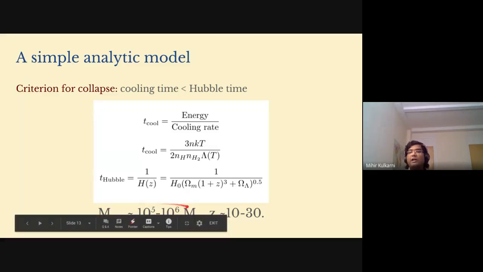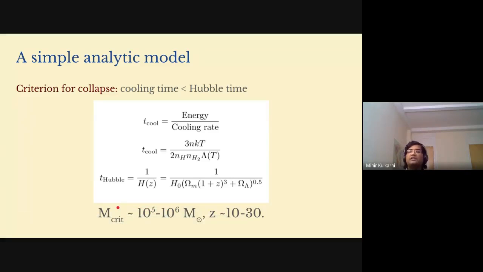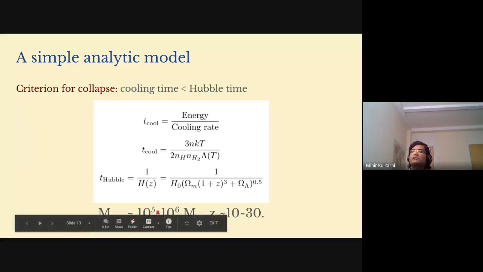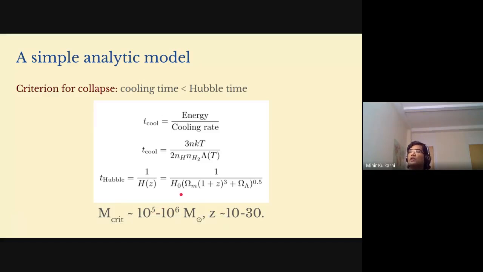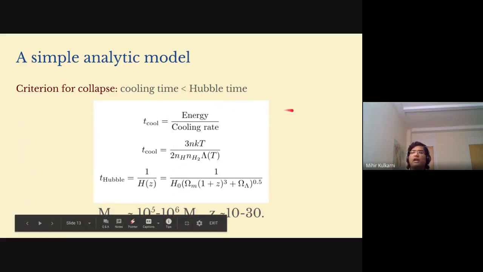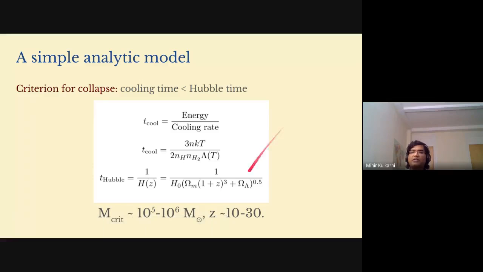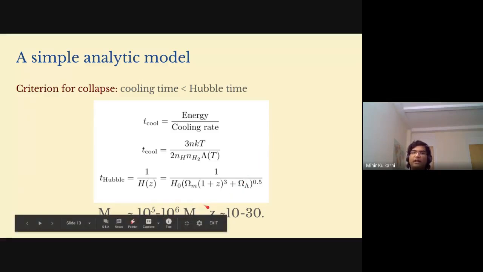That is, if a halo is more massive than the critical mass, it would have sufficient temperature and sufficient densities so that the cooling time would be short enough and it would be able to form stars. So if you have a halo of mass, say 10 to the 4 solar masses, the temperature and gas densities would not be sufficient for it to cool within a Hubble time, and it would not form stars. Okay? So this is the typical scenario from simple analytic models.